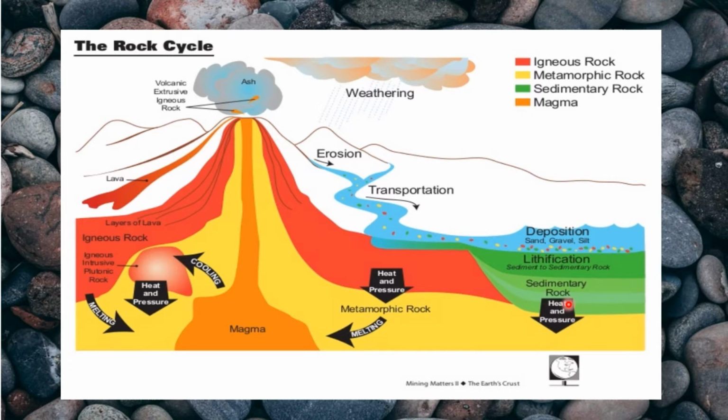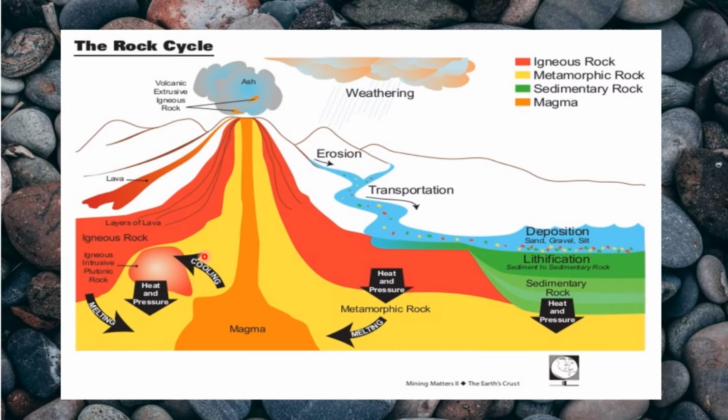Okay, apart from knowing the locations of each type of rocks, always remember that the path of rocks in the rock cycle may vary. Okay, like for example, let's use this igneous intrusive rock as an example.